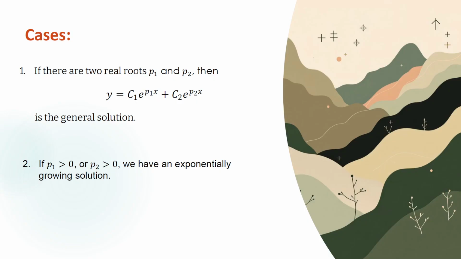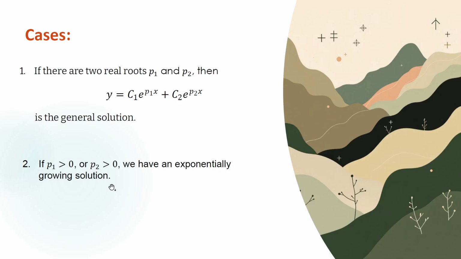Firstly, if there are two real roots such that p1 and p2 are both real, then our general solution is given by this equation: y is equal to c1 e to the p1x plus c2 e to the p2x. Again, if the roots that we calculate are both real, then this is our general solution.